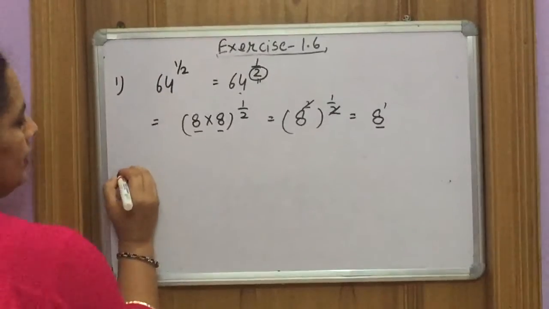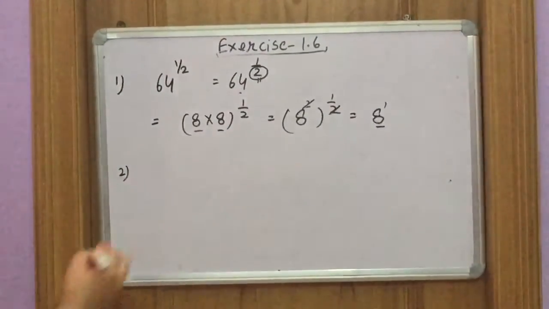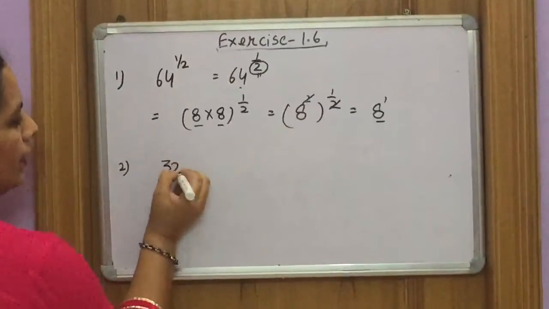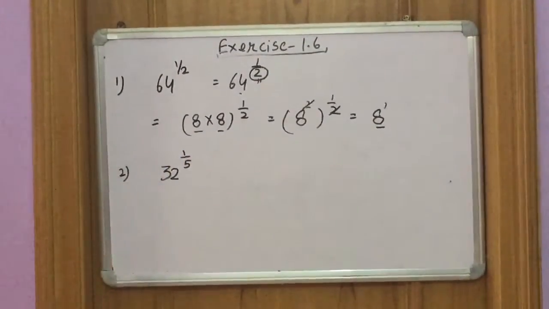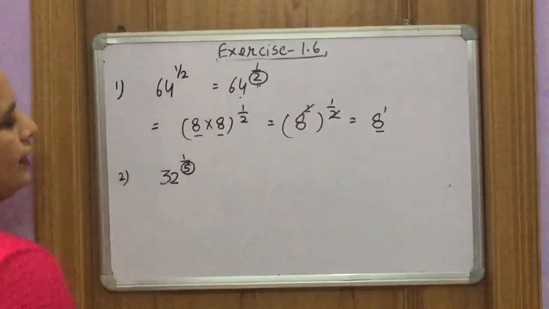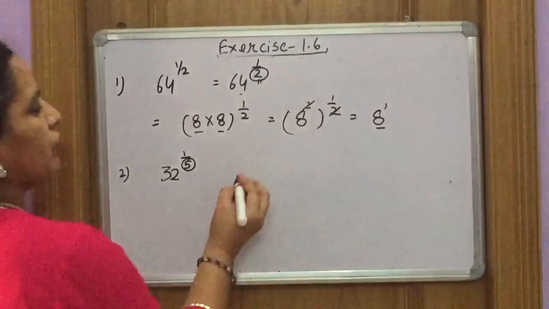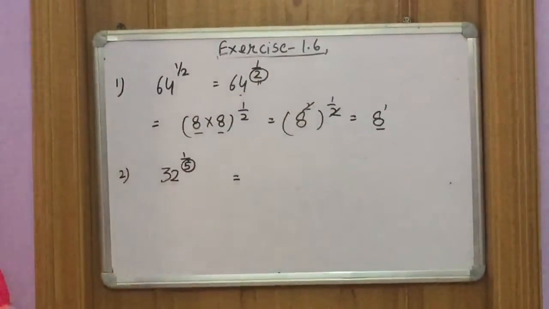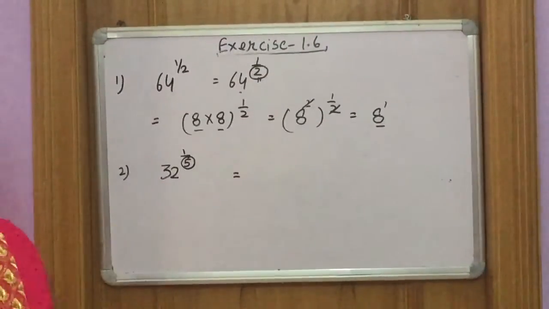Similarly, next part is 32 raised to power 1 by 5. Similarly, here try to remove the power in the denominator. In the denominator we have 5. So just find out a term that we will multiply 5 times, then we will get 32.